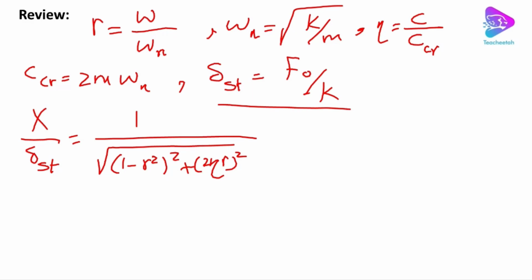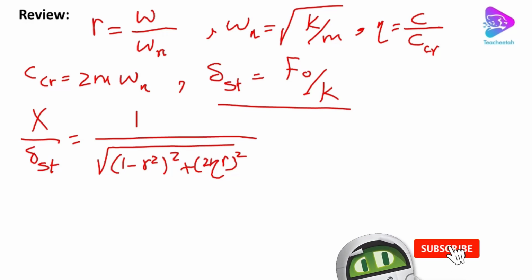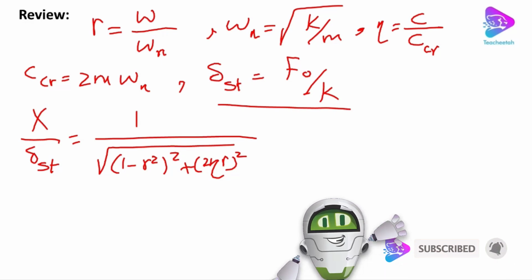So this is another important formula or representation shown in the forced vibration of a damped system, and based on the values of R and zeta, you can judge the response of the system. For example, if the system damps very quickly, or you have vibration, or there is a resonance in the system, and so on.